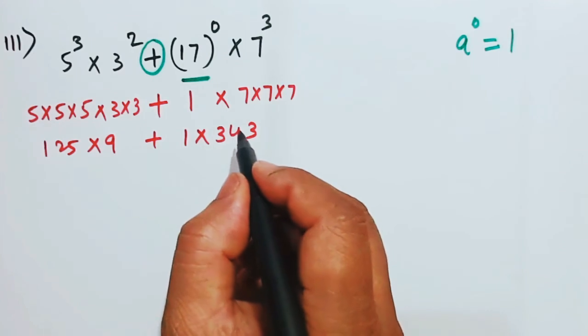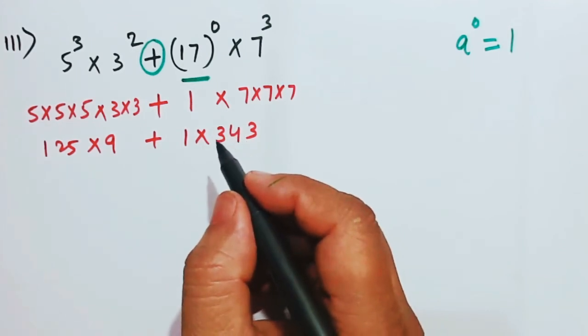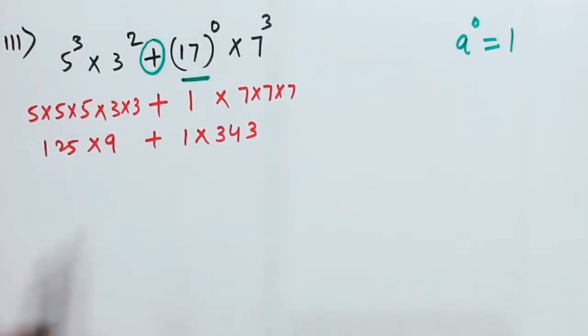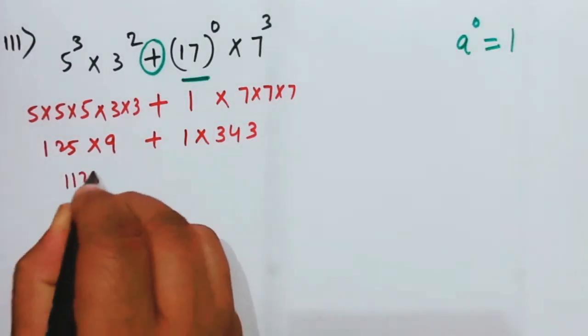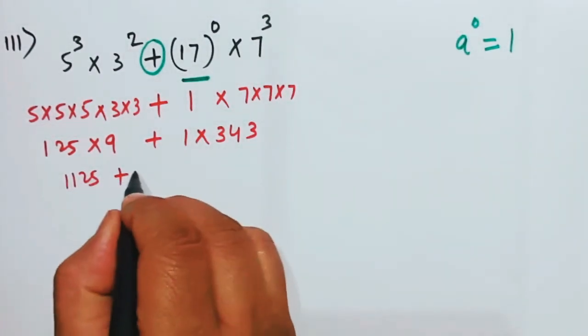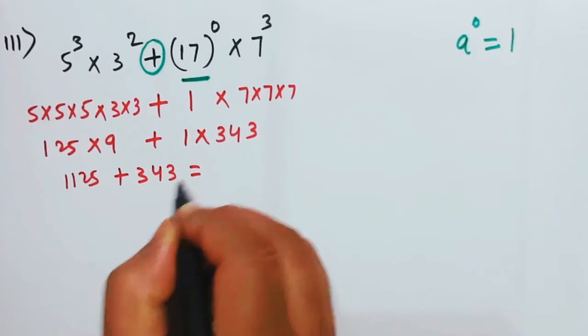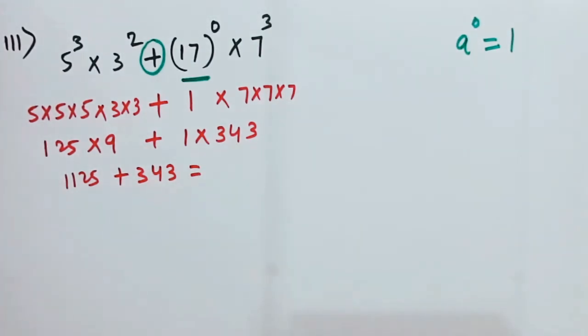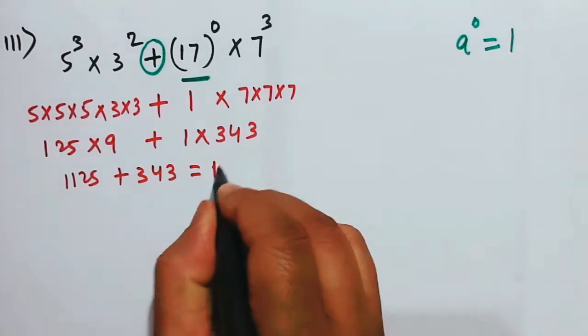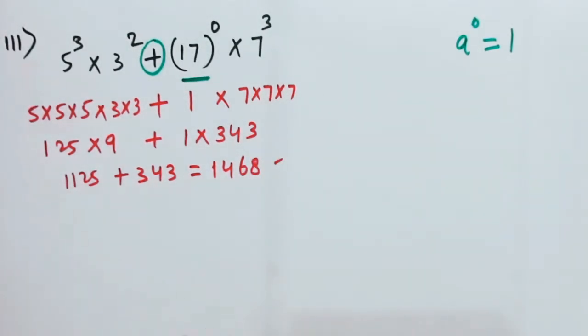So 125 into 9, when you multiply this, how much are you going to get? You will get 1125, and when you add this with 343, it will give you 1468 as your solution.